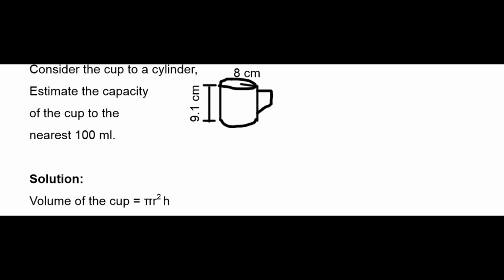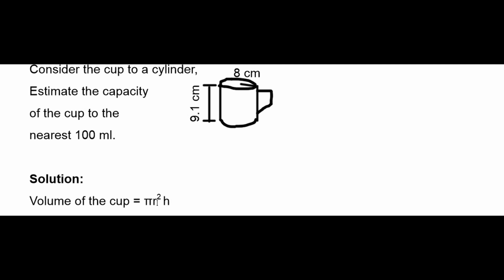Now we know that the volume of the cup, which is the volume of a cylinder, is given as what? Pi r square h. So the pi r square is what? The area of a circle. You know that this cup is open. Every cup is always open. So we have one area times what? The height.